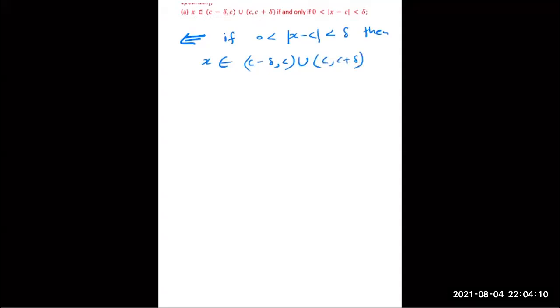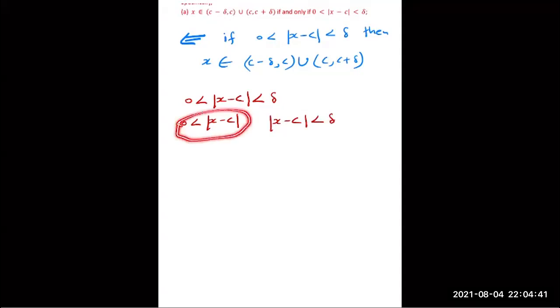All right, how do you show that? Let's start with this statement and explore it. I'm copying that statement here: the distance between x and c is less than delta. That means I can divide this combined inequality into two inequalities. The absolute value of x minus c has to be greater than 0, and the absolute value of x minus c has to be less than delta.